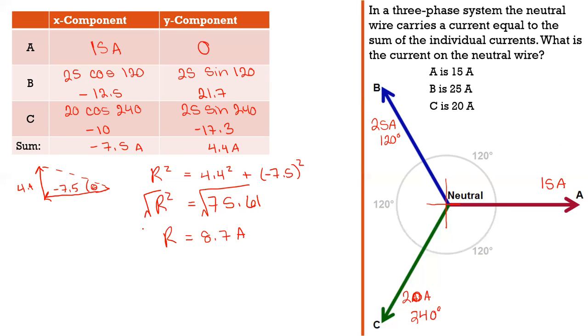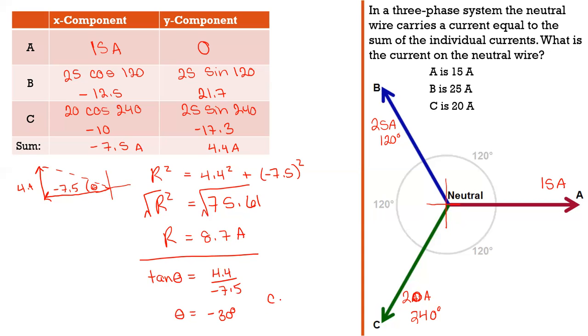So there's our magnitude. Now we need direction. Tan of the angle is equal to opposite over adjacent, 4.4 over negative 7.5. The angle is equal to negative 30 degrees. Well, when you see a negative 30, you always know you have to do a correction. So negative 30, what does that mean? Well, what that means is we were at 180 and we're going back 30.